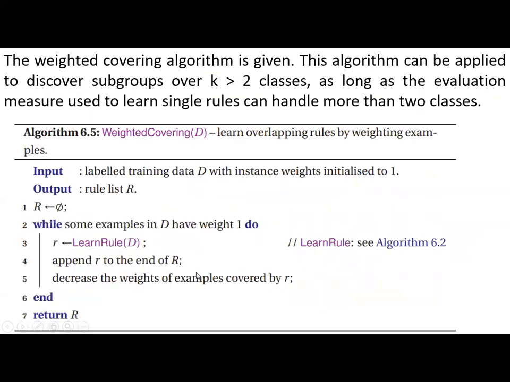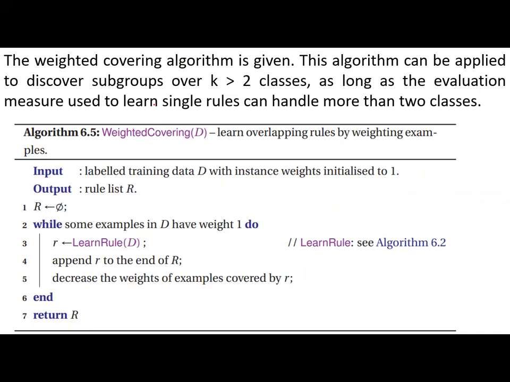Let us see the algorithm, the weighted covering algorithm. This algorithm can be applied to discover subgroups over more than 2 classes. It is not used for true or false classes only.